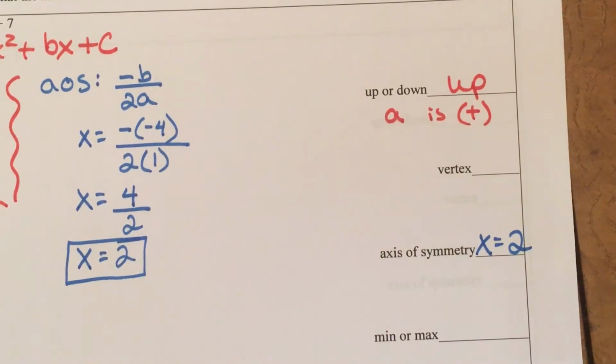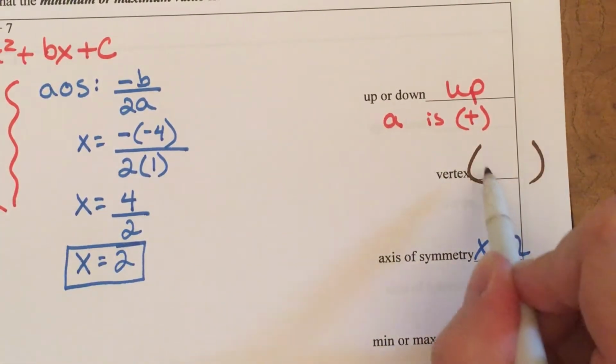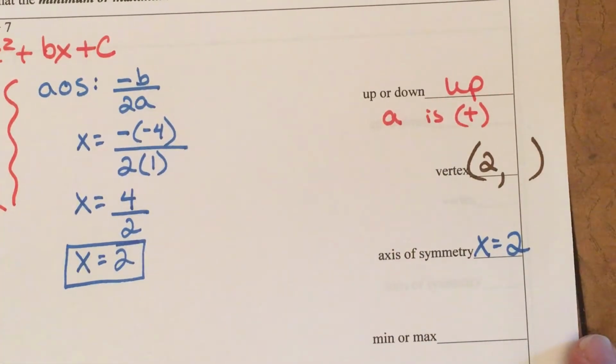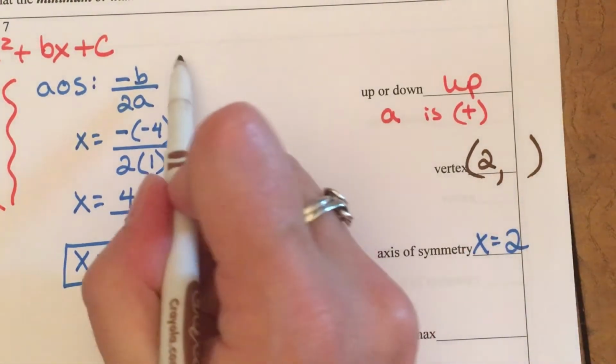Fantastic. So now that I have the axis of symmetry, it's going to be really easy to determine what the rest of my vertex is. I know part of it is 2. Let's go find the other part of it.